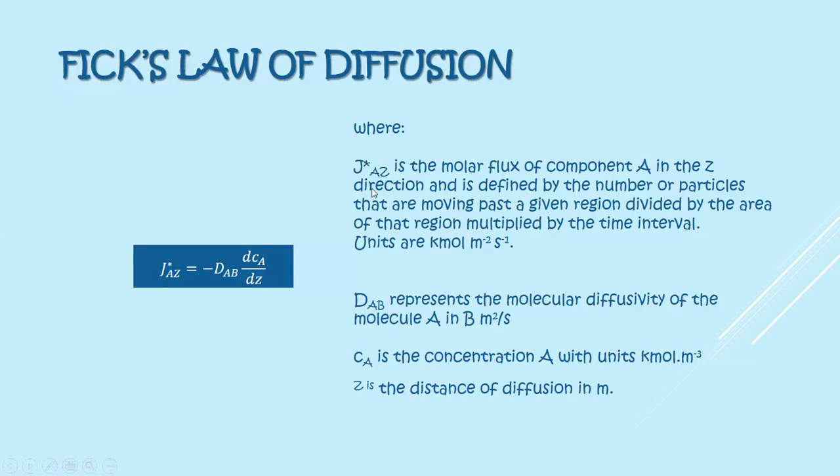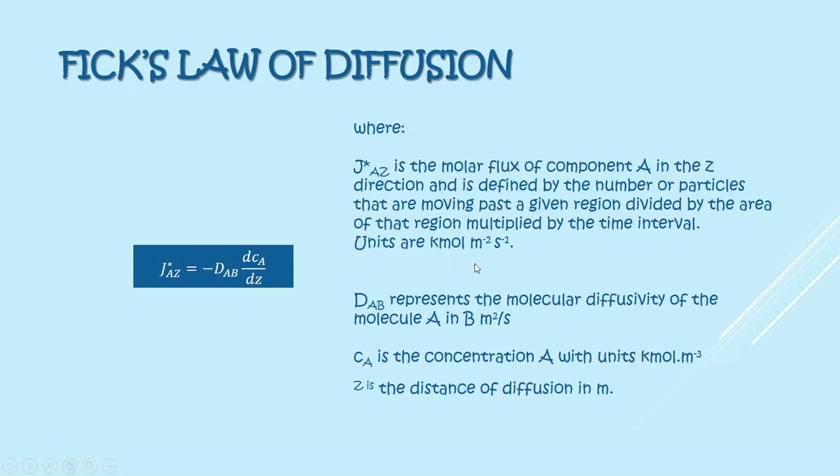Your J with the asterisk and the subscript AZ is the molar flux of component A in the Z direction. The second letter, as I have mentioned, simply points out the direction in which A is moving to. And it is defined by the number of particles that are moving past a given region, divided by the area of that region multiplied by the time interval.